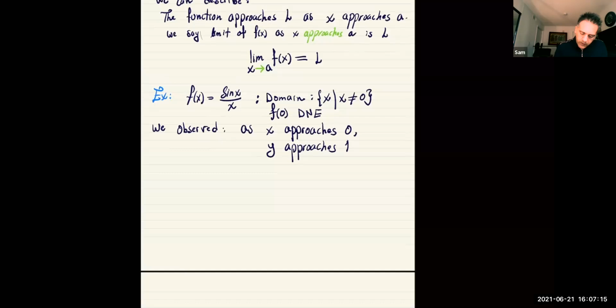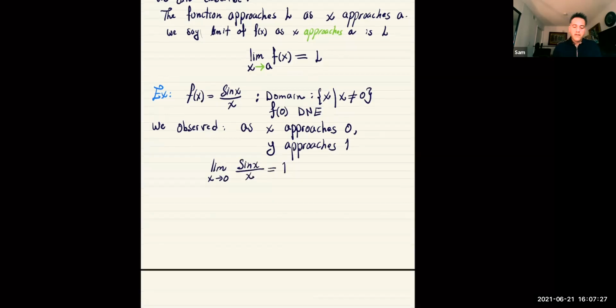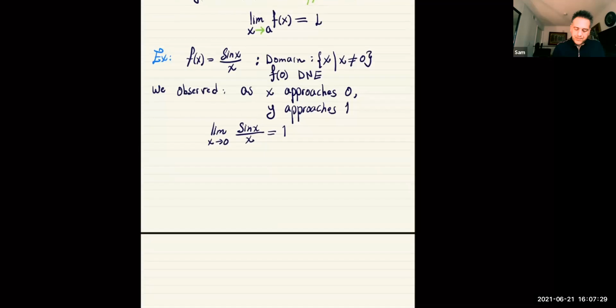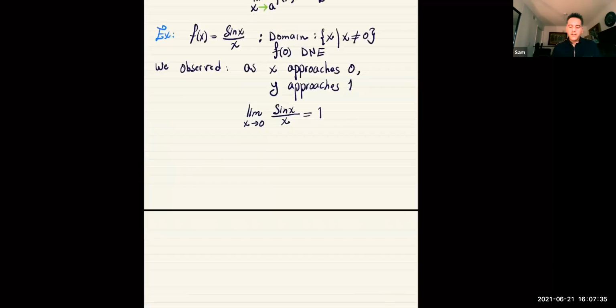So here we write down: limit as x goes to 0 of sine of x over x is equal to 1, although f of 0 is not defined.